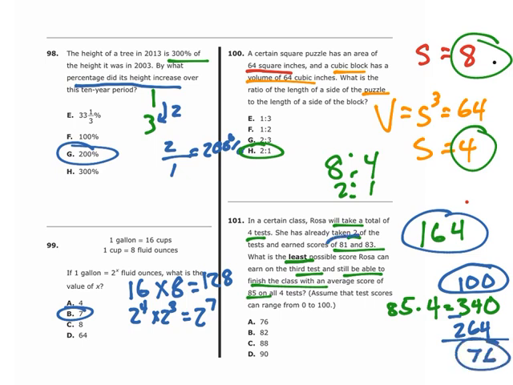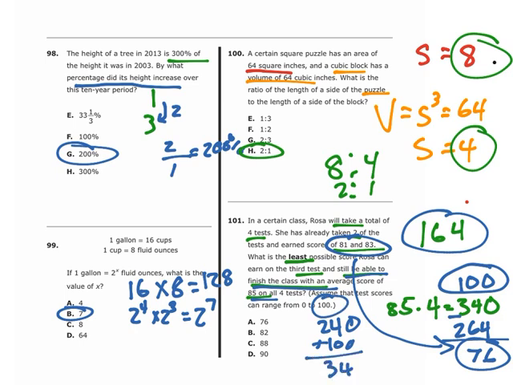Because if she's got 164, which she definitely does, and she adds that to 76, that's going to give her 240. Now she goes into that 4th test and she is still able to get that average because she's potentially able to get 100. So I don't love this question. It's a little bit unusual and the wording is a little vague, but that's what they wanted you to do.